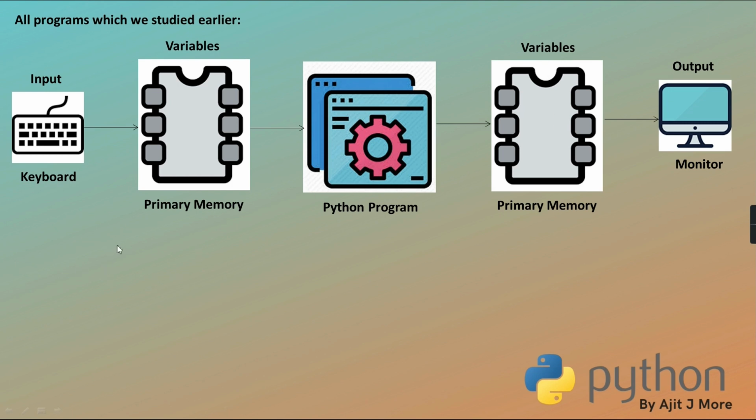Now my requirement is that I need all these values to persist. Means I have to keep them in some permanent storage. I want to make them persistent so that I'll be able to recall them anytime in the future.